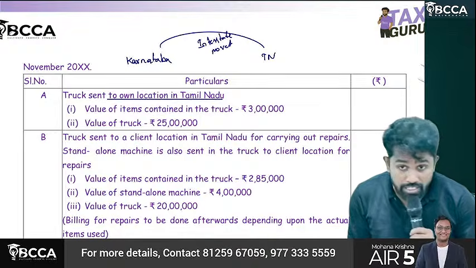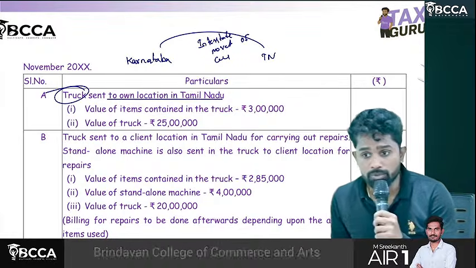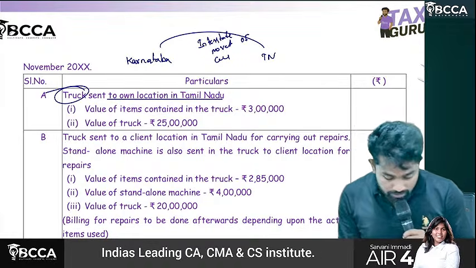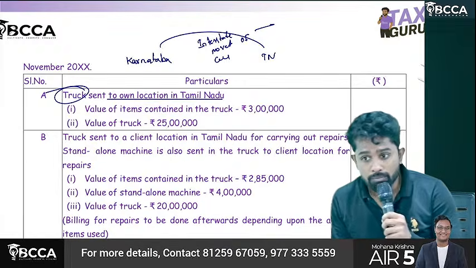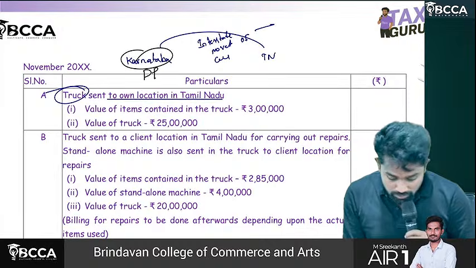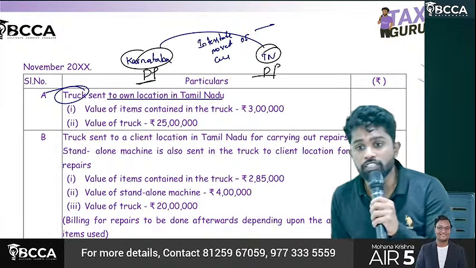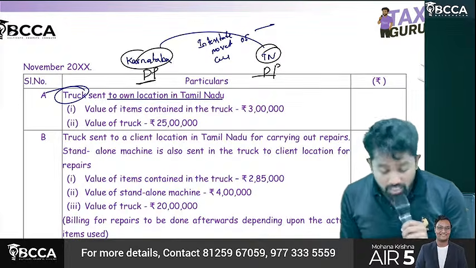Both these are distinct persons: Karnataka, their branch only; Tamil Nadu also, their branch only. So there is an interstate movement of conveyance between distinct persons. It is not a supply.